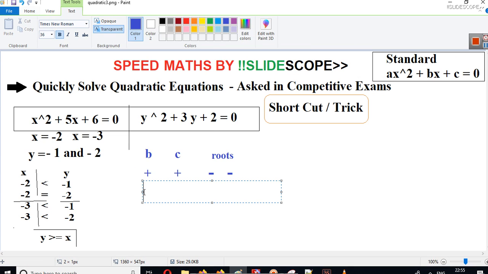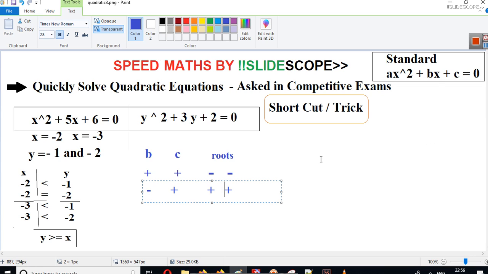Now the next thing is, if B is negative and C is positive, in that case both roots will be positive. So what is the condition for both roots being positive? That is B is minus.